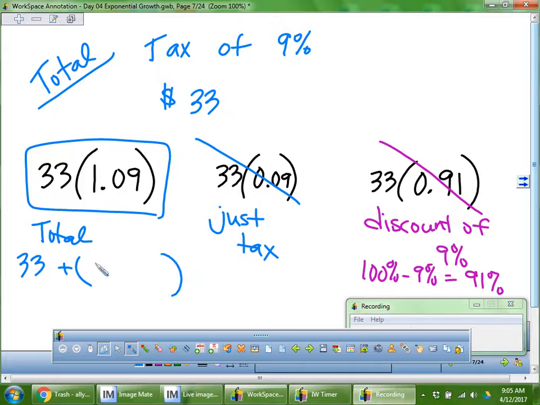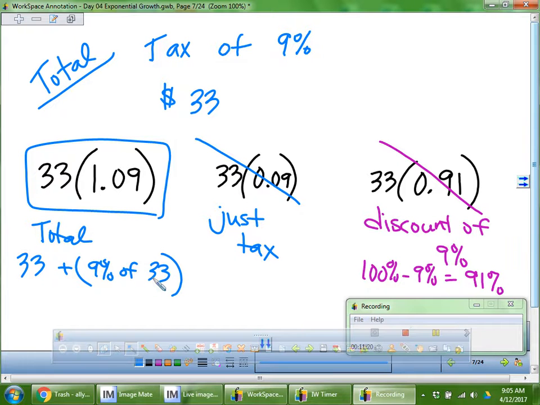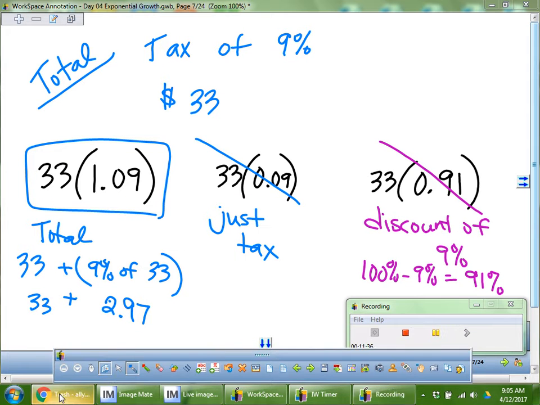Well, our tax is 9% of 33. What is 9% of 33? Did anyone figure it out? It's 2.97 plus the 33.